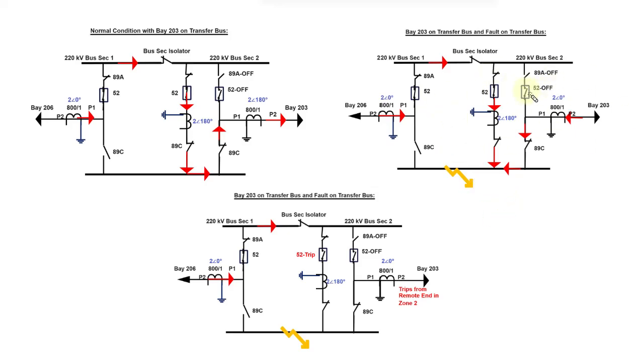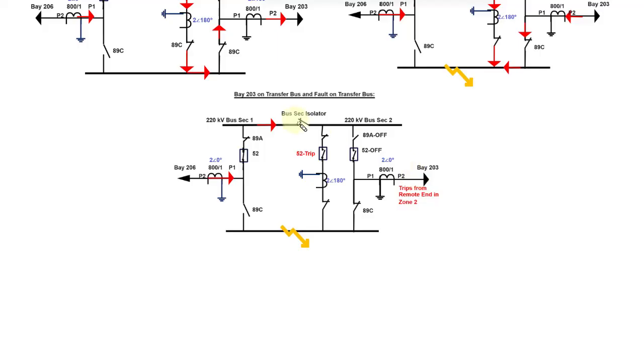Once the fault is identified, it gives a command to the 96 relay of the transfer bus coupler and its breaker operates, so the current won't flow into the fault. Now the fault is isolated.